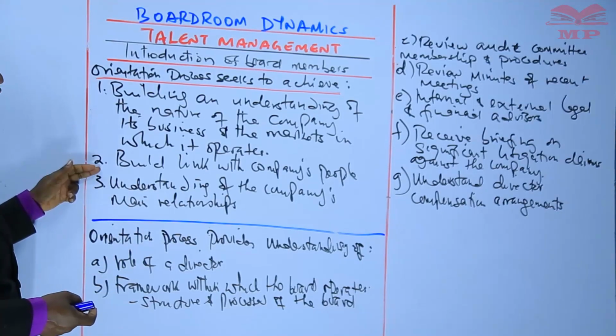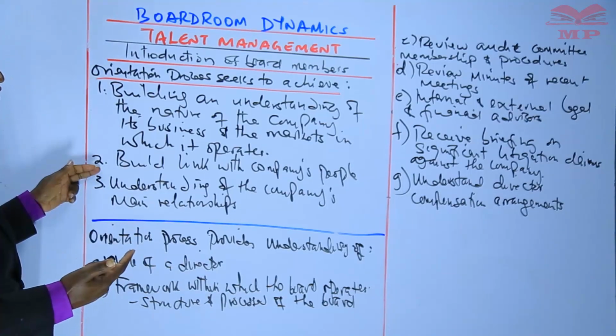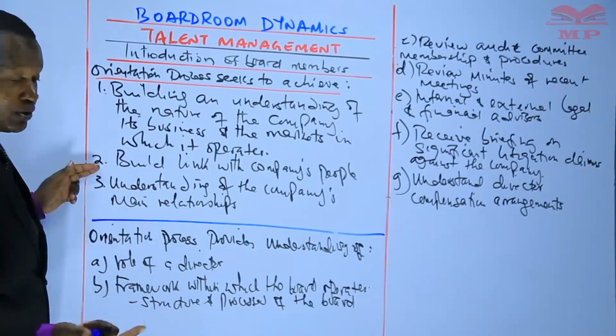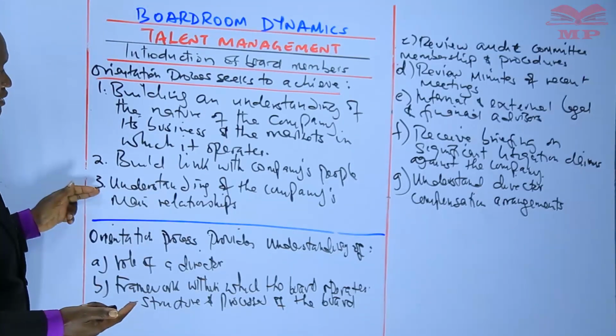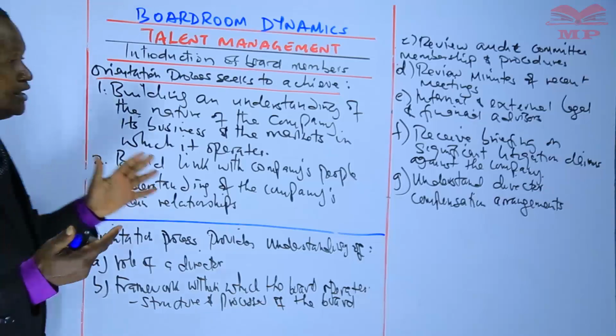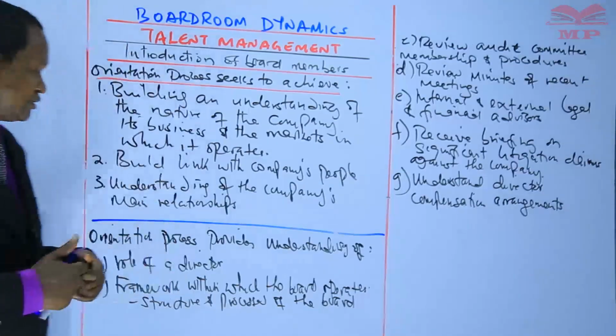Number two, an orientation process seeks to build links, the director's links with the company's people. Then number three, an orientation process seeks to help the new director understand the company and its main relationships.